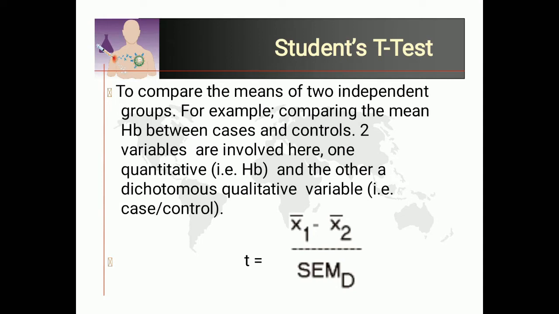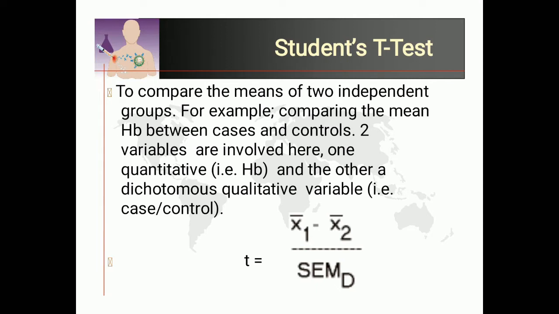It is used to compare the means of two independent groups, for example, comparing the mean hemoglobin between cases and controls. Here two variables are involved. One is quantitative, that is hemoglobin, because we can find out how much hemoglobin is present in any individual.